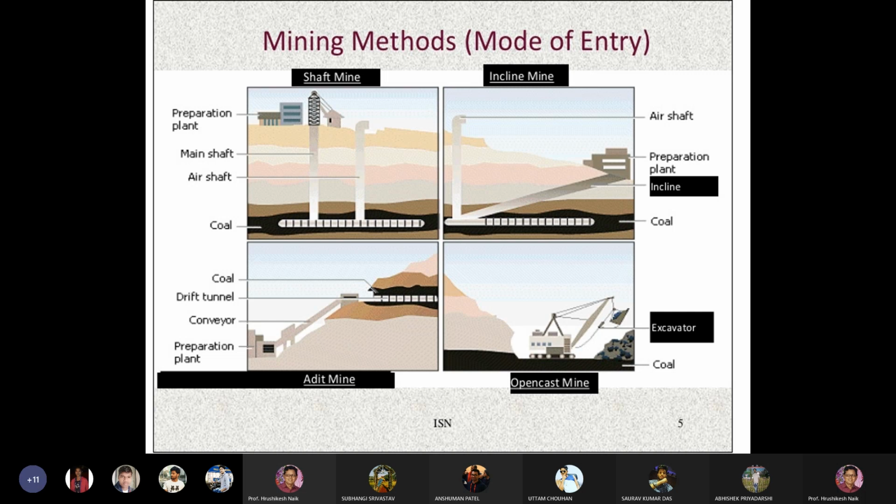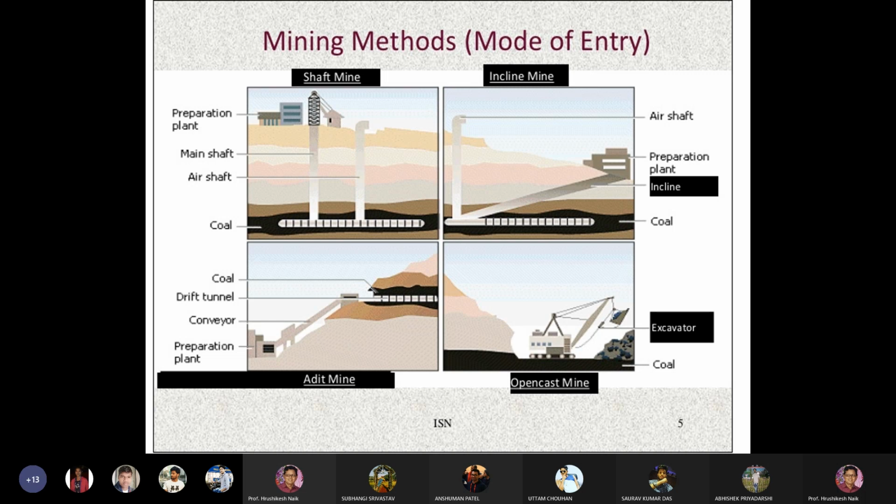Similarly, if a deposit is situated in a hilly area like this, then you can have an adit mine. You can drive an adit and mine the deposit. This is adit mining. And there is another type of underground mining, which is called incline mining.